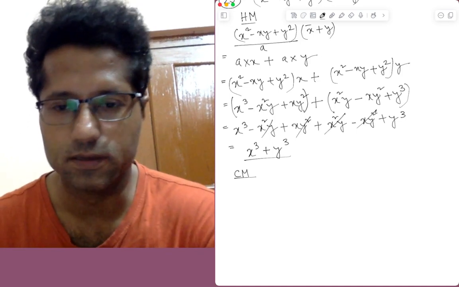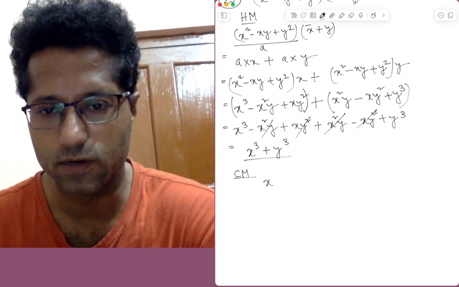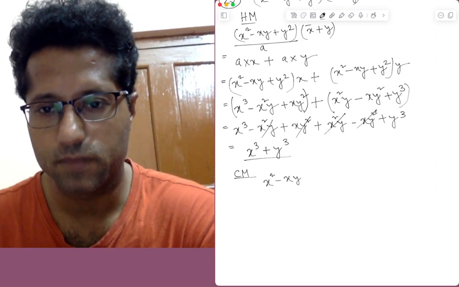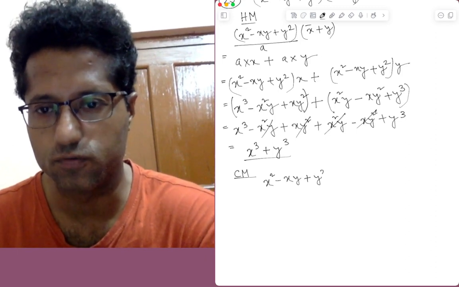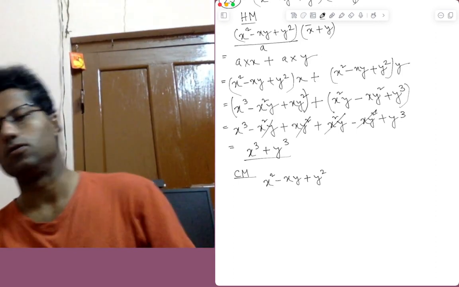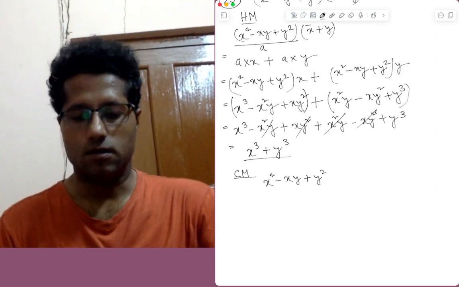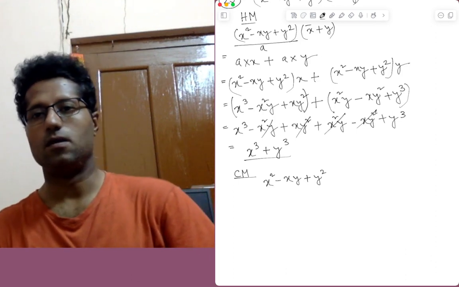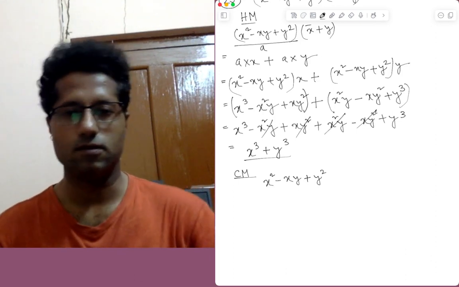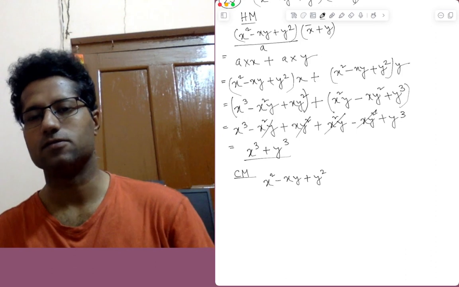So in the column method, what we will do is, we will first write the trinomial. When you are finding the product of two algebraic expressions, first you write the expression which has more terms, and then you write the expression that has fewer terms.